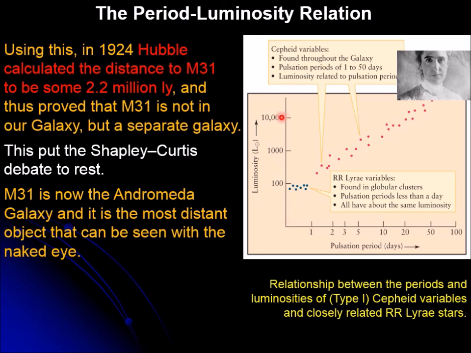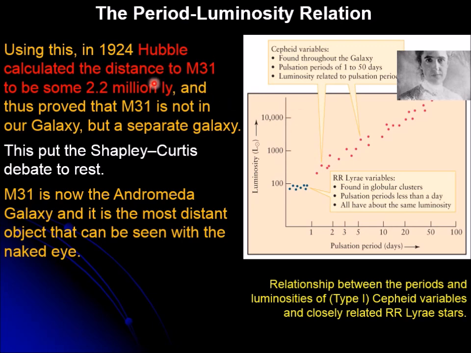And this is the maximum luminosity they achieve, and you can see that it looks more like a straight line here. So just by counting how many days it takes for the luminosity to go back to its maximum, you can estimate the luminosity, the absolute luminosity. And if you know the apparent luminosity, which you do, then you can estimate the distance.